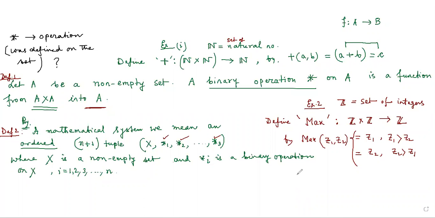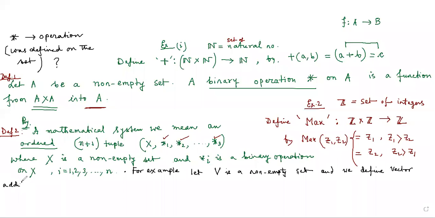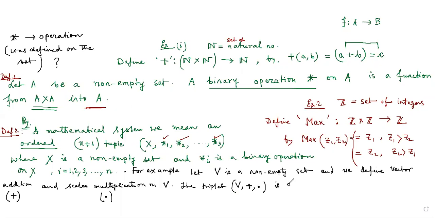If you ask me to give one such example, let us consider, for example, let V be a non-empty set, and we define vector addition and scalar multiplication on V. And you already know that the triplet (V, plus, dot), where we denote the addition by plus and the scalar multiplication by dot, is a vector space.